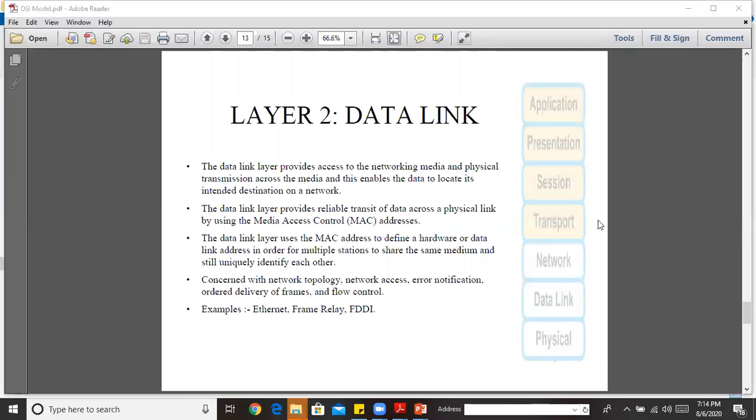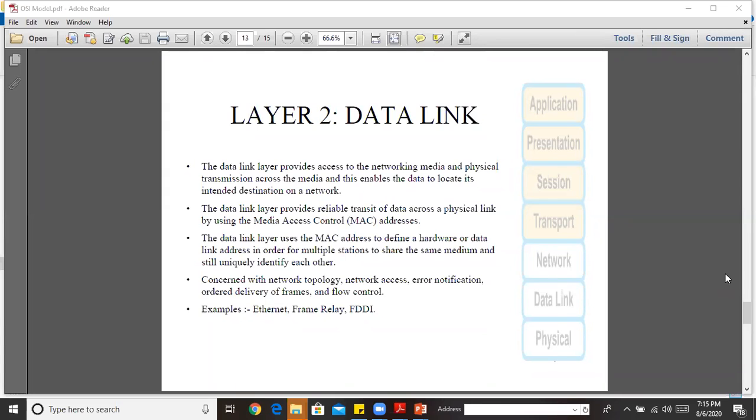So the data link layer provides reliable transit of data across a physical link by using a media access control address. The data link layer uses the MAC address to define a hardware or data link address in order for multiple stations to share the same medium and still uniquely identify each other. Okay?